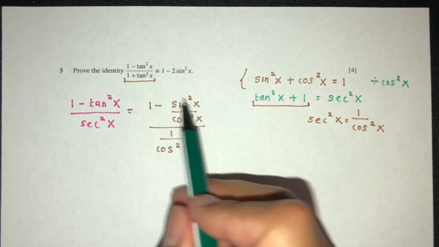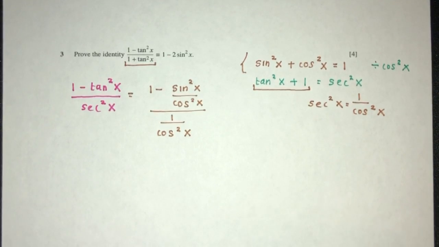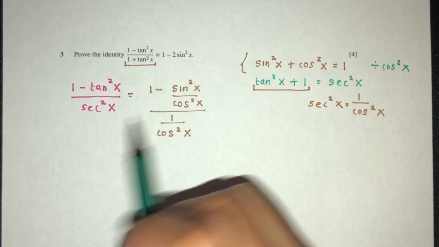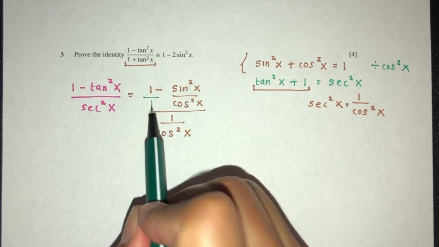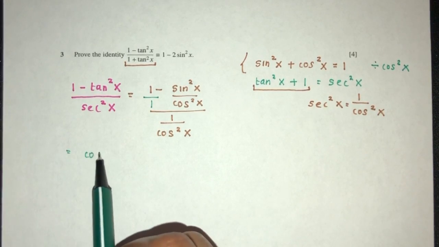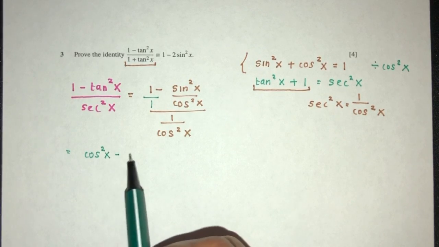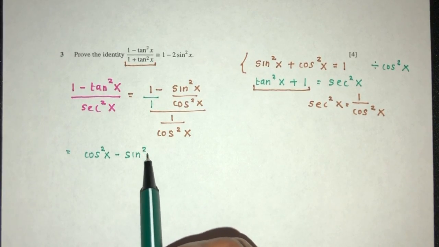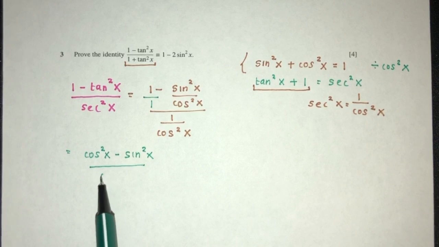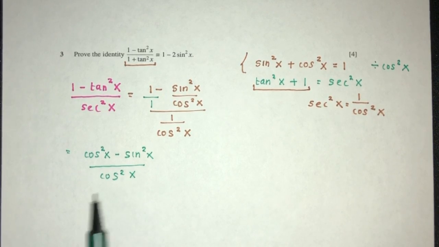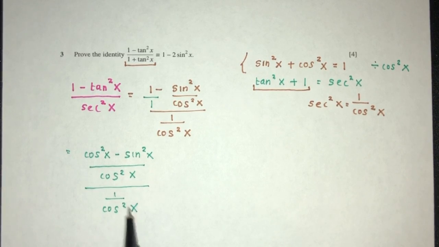Let me first simplify the top because it could be confusing in the long run. So what can I do here? I can make them become the same base. So you will have cos square x minus sin square x over cos square x divided by 1 over cos square x.